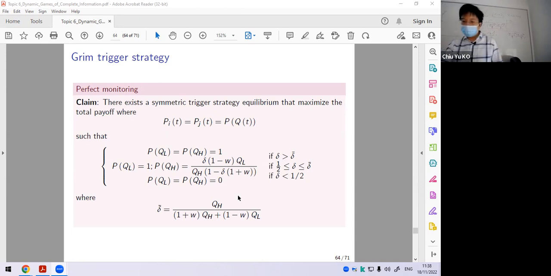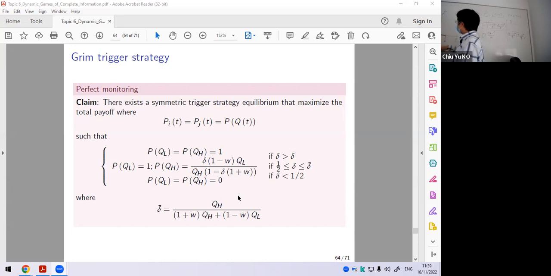And if delta is lower, you get here. Why? Because they are not patient enough. The Bertrand outcome is 0, everyone will set a 0 price. So you either have the monopoly outcome or the Bertrand outcome.